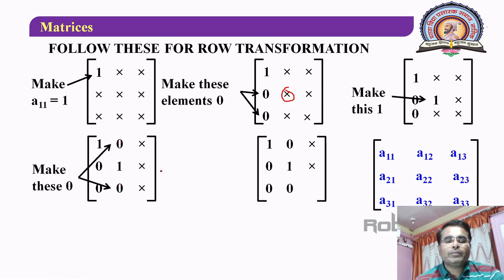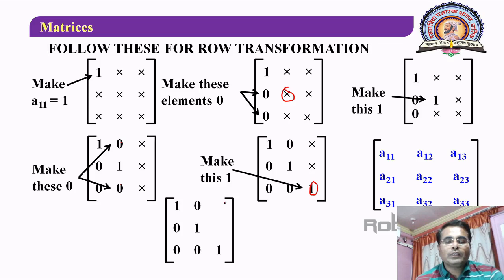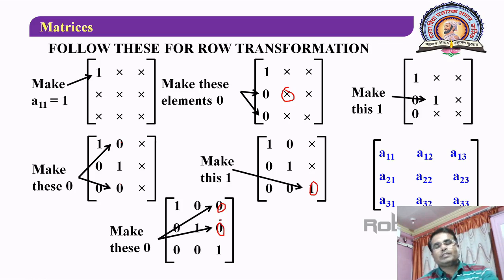Then in the next step, you have to reduce this element to 1. And at the last step, you have to reduce this element and this element to 0. Is that clear? So these are the steps to reduce a given 3 by 3 matrix to an identity matrix.